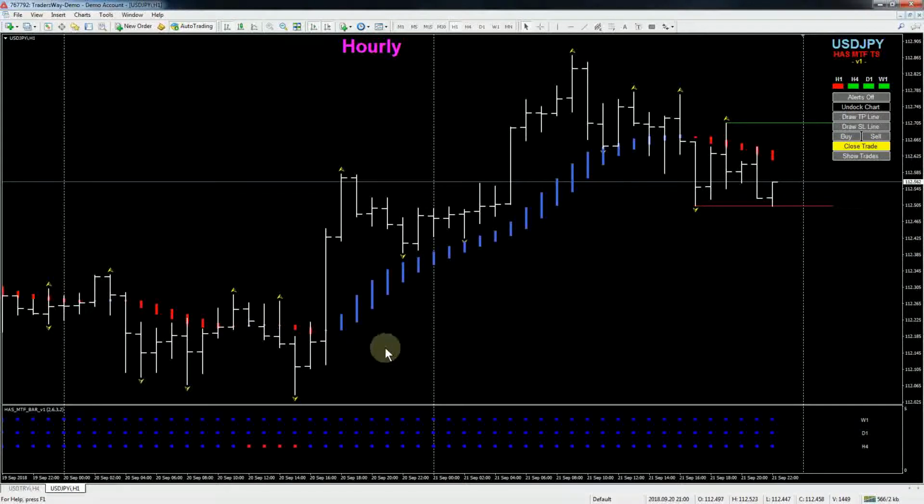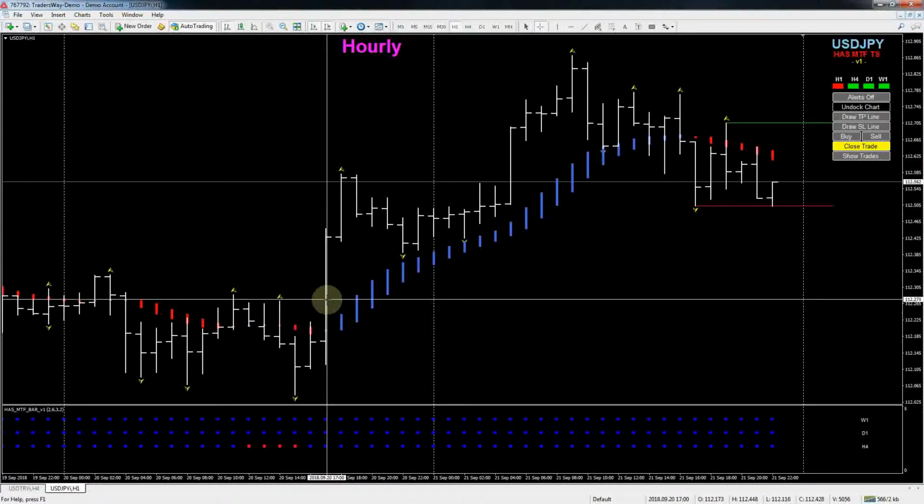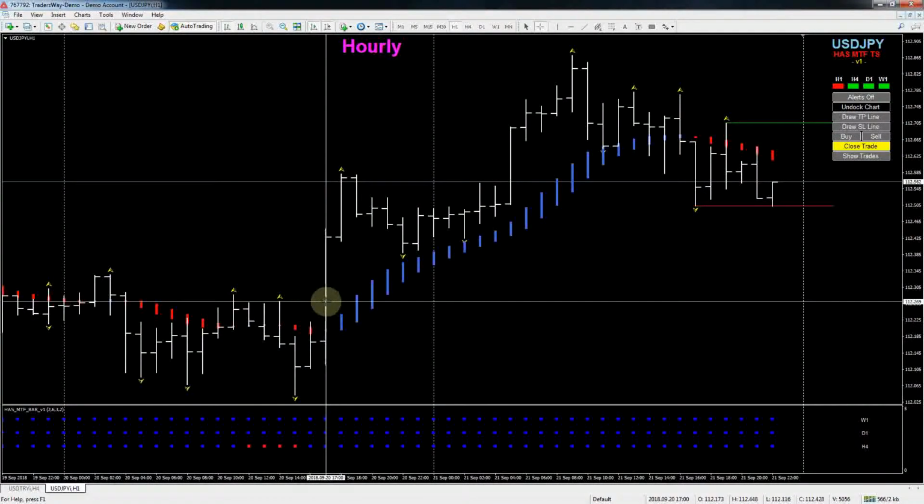Now in this case, we would not get in over here because we are not closed below the breakout line.